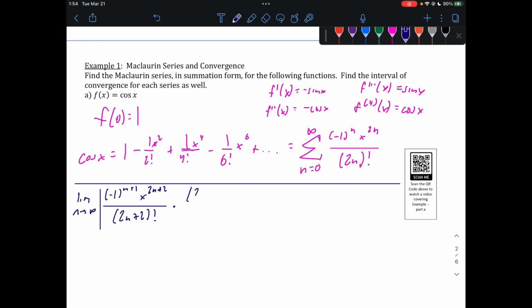So that would be 2n factorial over negative 1 to the n, x to the 2n.